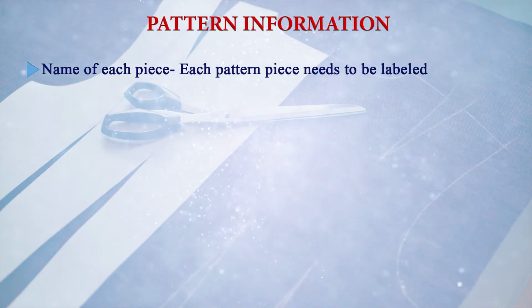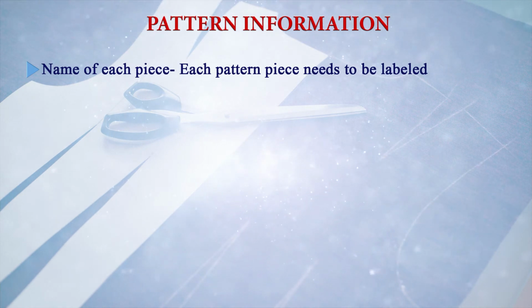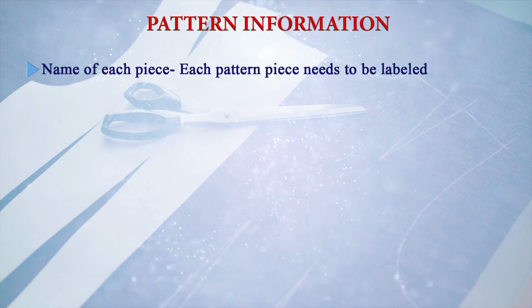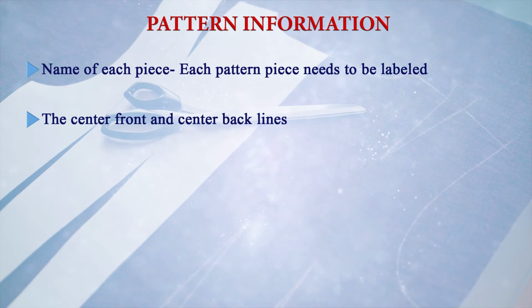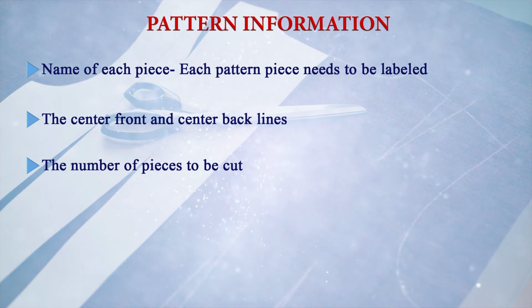So first is to name each piece; each pattern piece needs to be labeled. If it is the front part, mention front bodice or back bodice, and all markings should be done appropriately. Then the center front and center back lines should be mentioned. Then the number of pieces to be cut, like how many pieces of the skirt, how many pieces of the sleeves, should be mentioned.